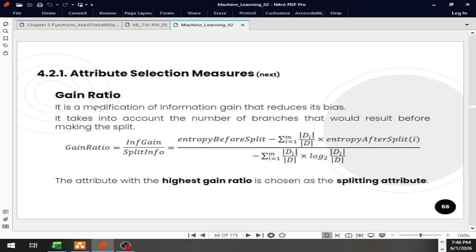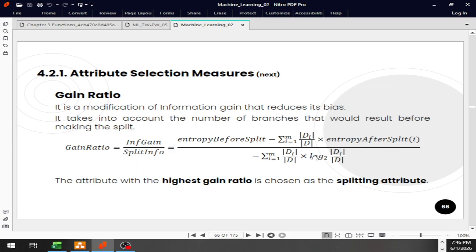The gain ratio takes the information gain but divides it by the split info. It kind of penalizes. Look, if we created so many data splits but they are meaningless, it will penalize it.